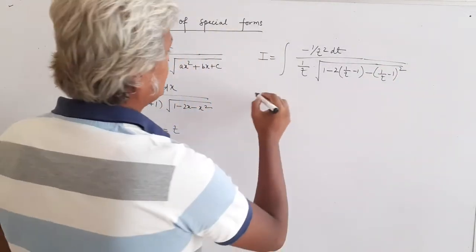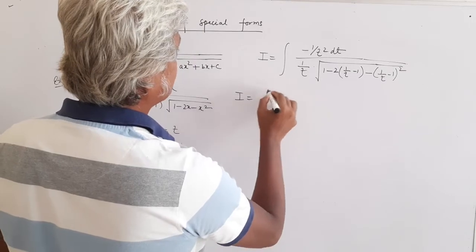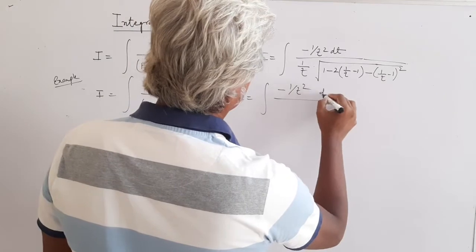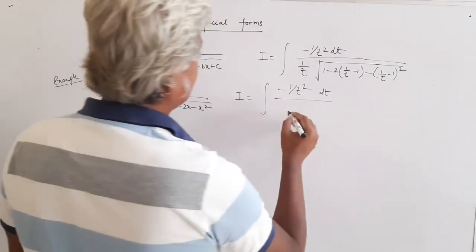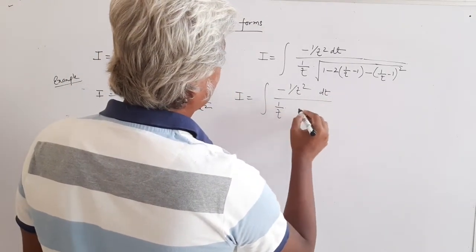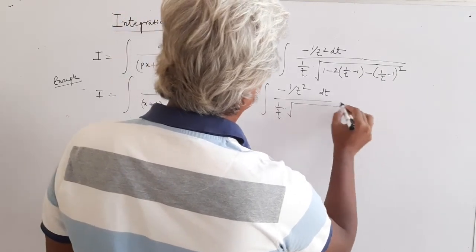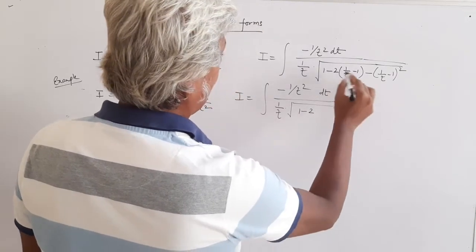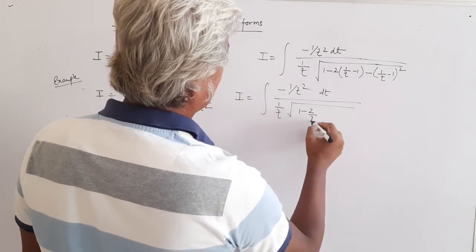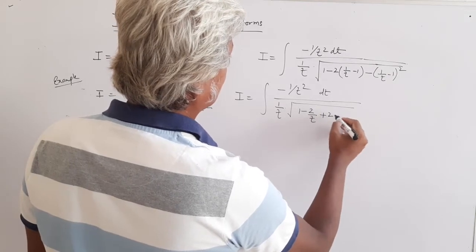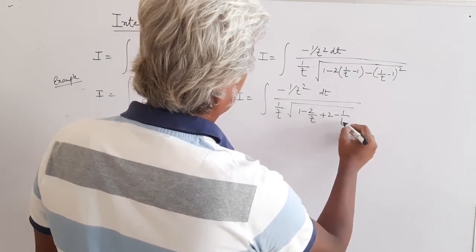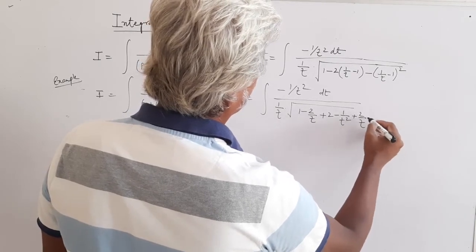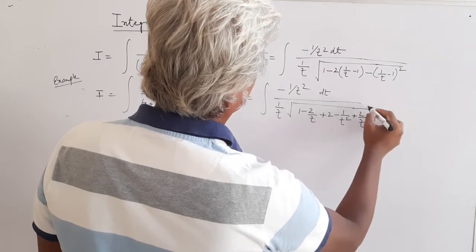This is it. Now I expand, so I equals minus 1 over t square dt, and then 1 over t under root of 1 minus 2 times (1 over t minus 1), which gives 2 over t plus 2, minus (1 over t minus 1) squared.